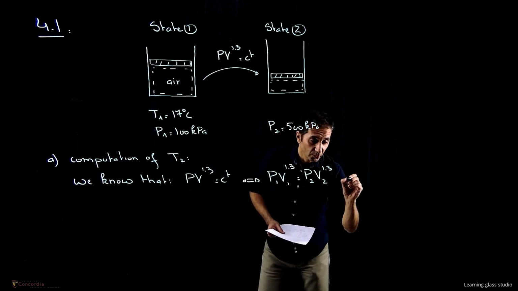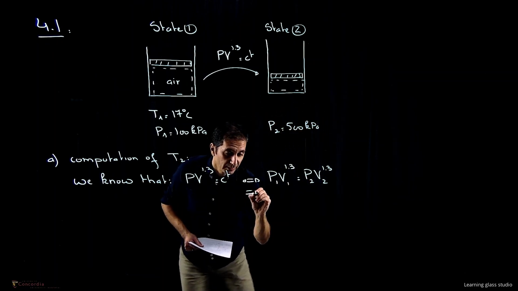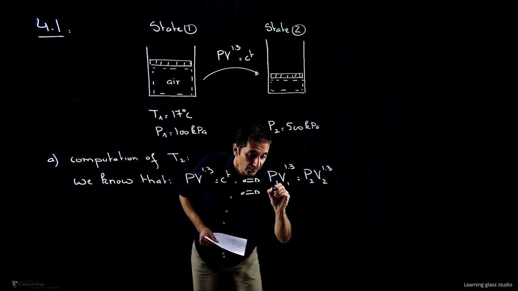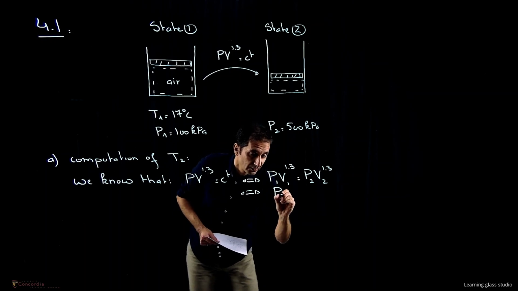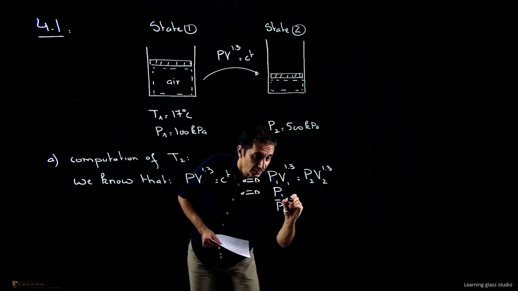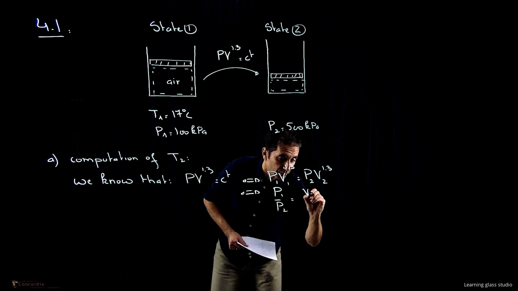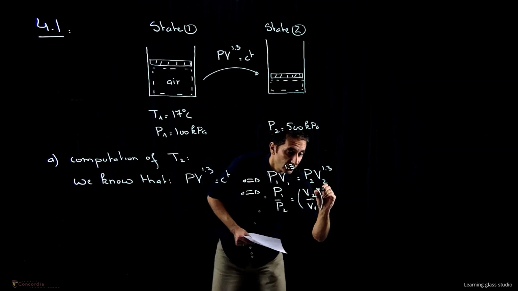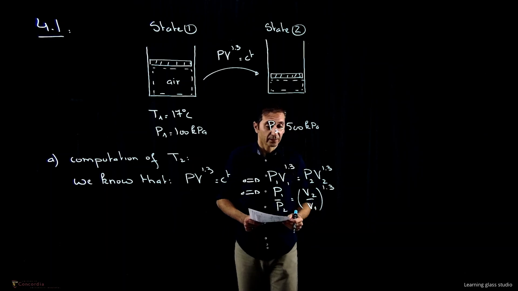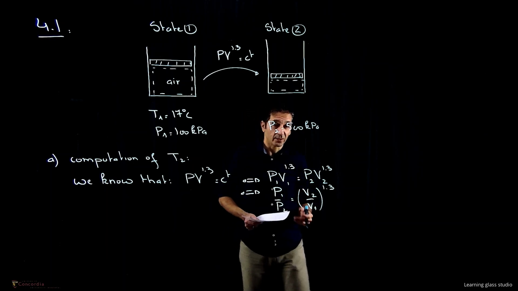So therefore, we can write, so this will be equivalent to P1 over P2 is equal to what? Is equal to (V2 over V1) exponent 1.3. But we are dealing with air, so this is an ideal gas.